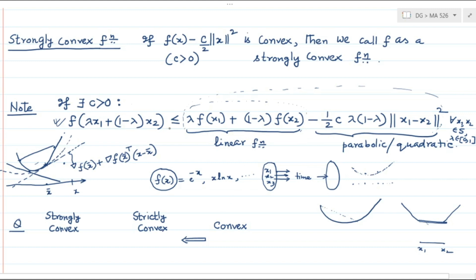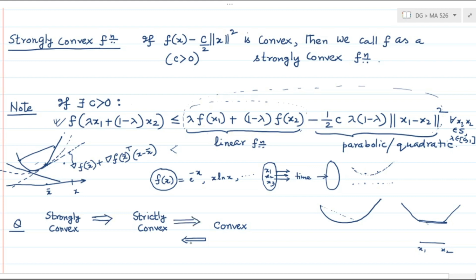And why less than or equal to? It is strictly less than lambda f(x1) plus (1 minus lambda) f(x2) because c is a positive constant, and therefore a strongly convex function is always a strictly convex function, and a strictly convex function obviously by definition is a convex function.